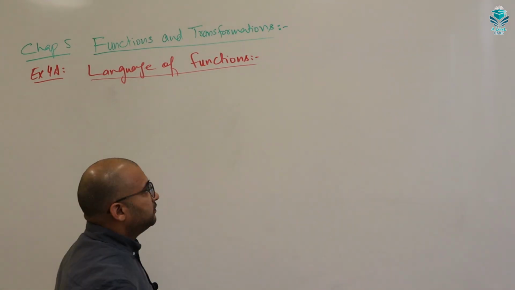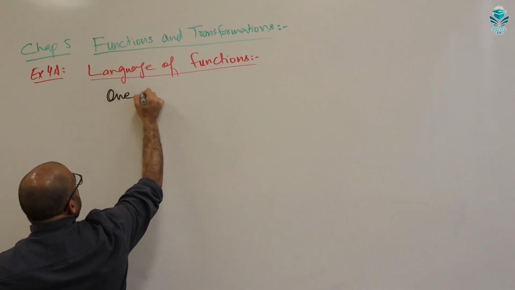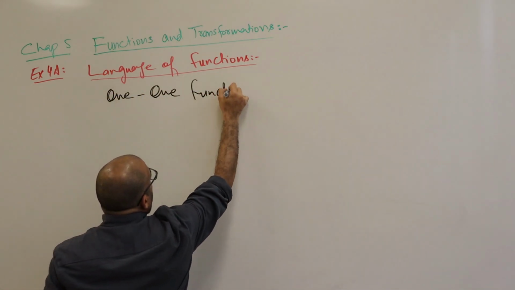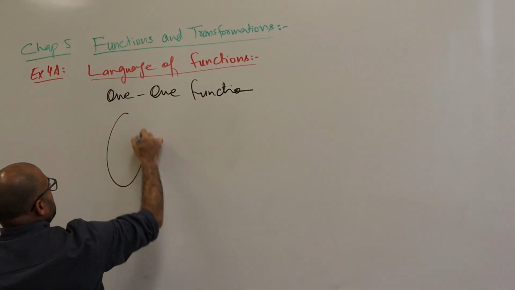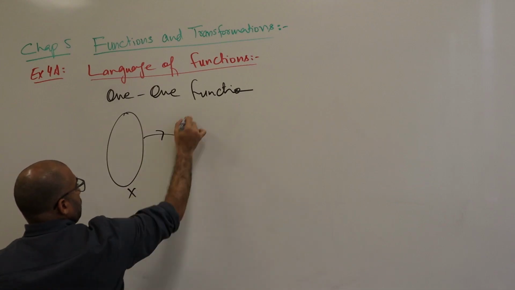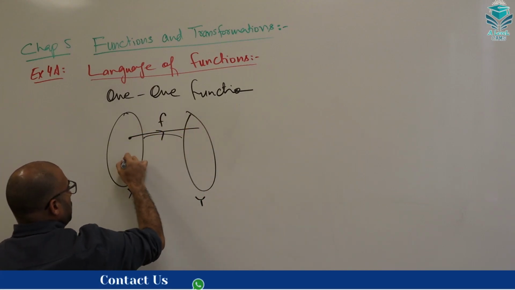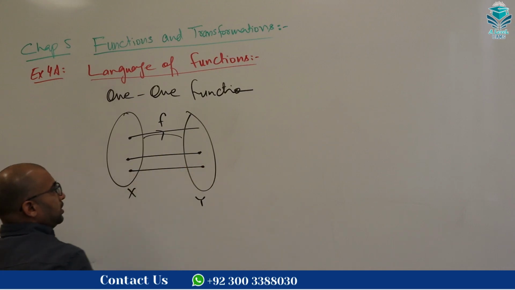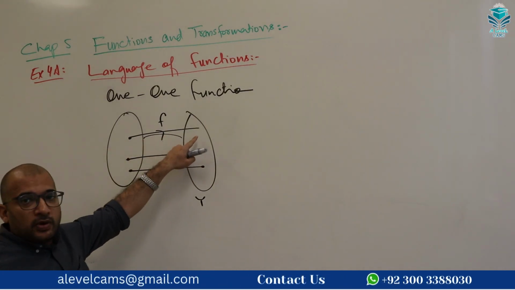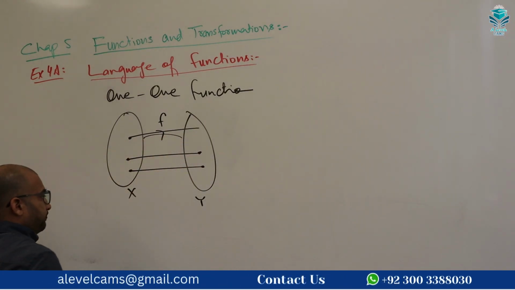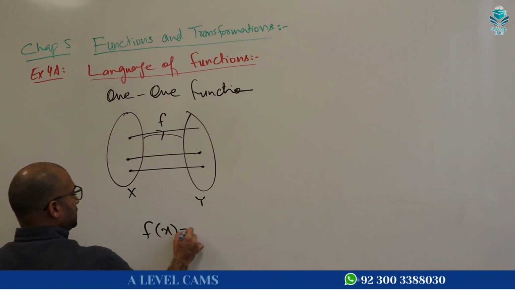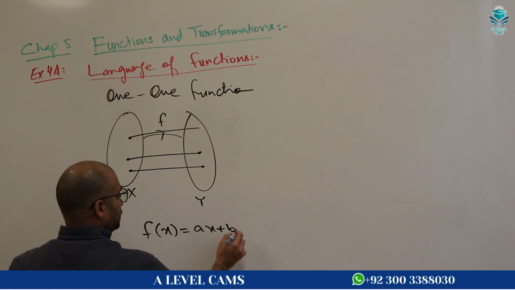Now we define the one-one function. For the function f from x to y, every single element maps on a single element. So the function can be defined as ax plus b.